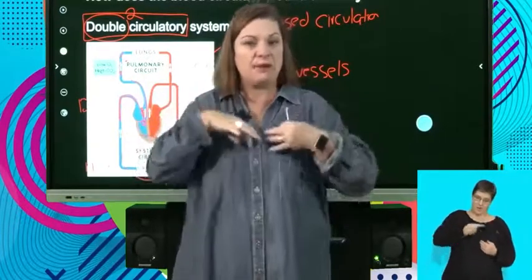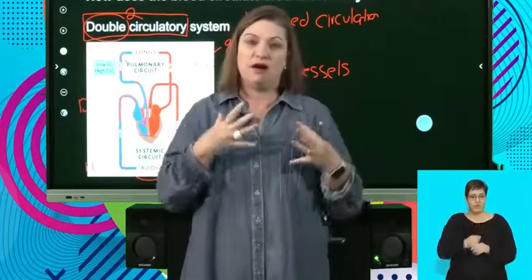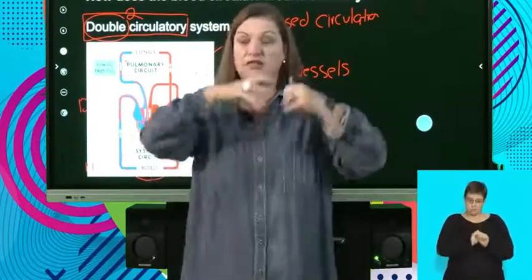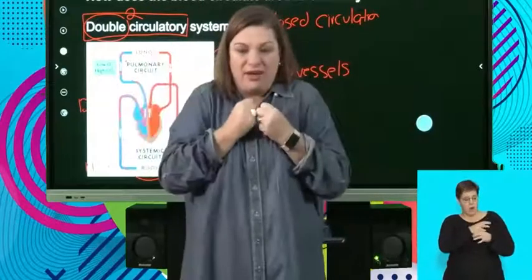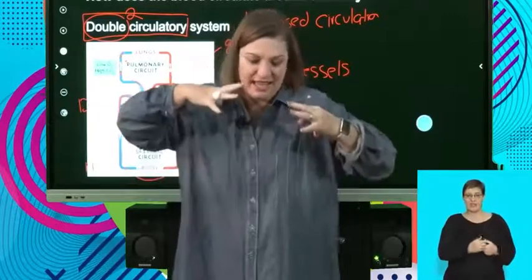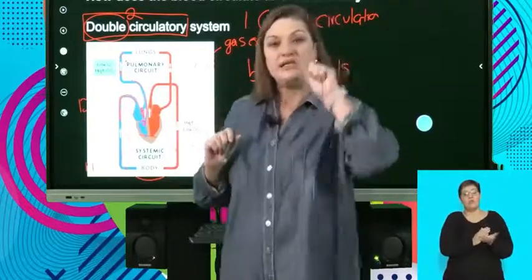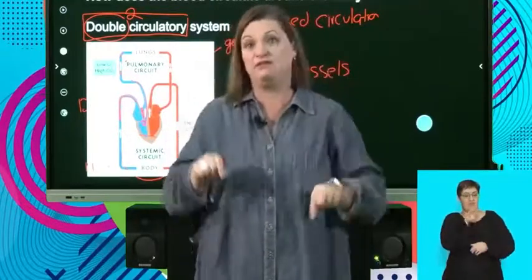Now remember, this is happening all at the same time. Comes into this heart, all right, and what do we have? Right, the heart then takes it, and that's why we need this pump. Remember, the left-hand side of the heart was nice and thick, and we squeezed everything out, and what did it do? It went out through these blood vessels.